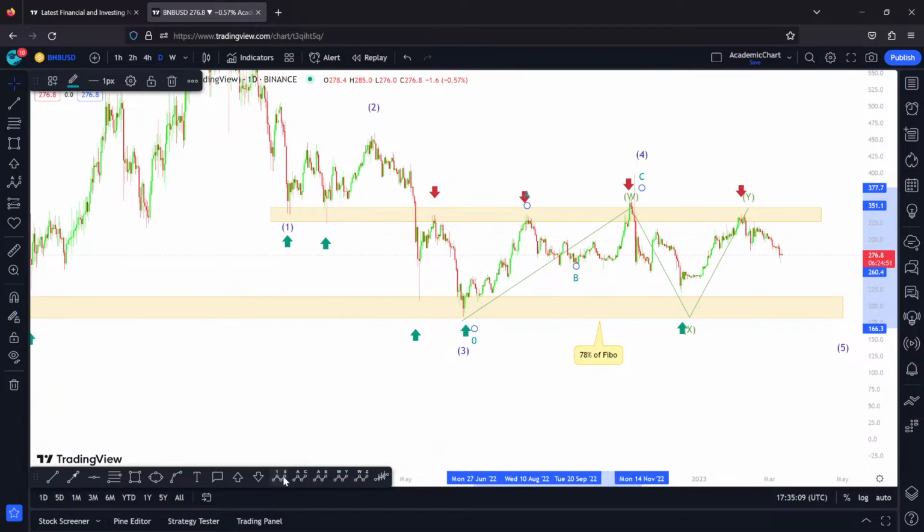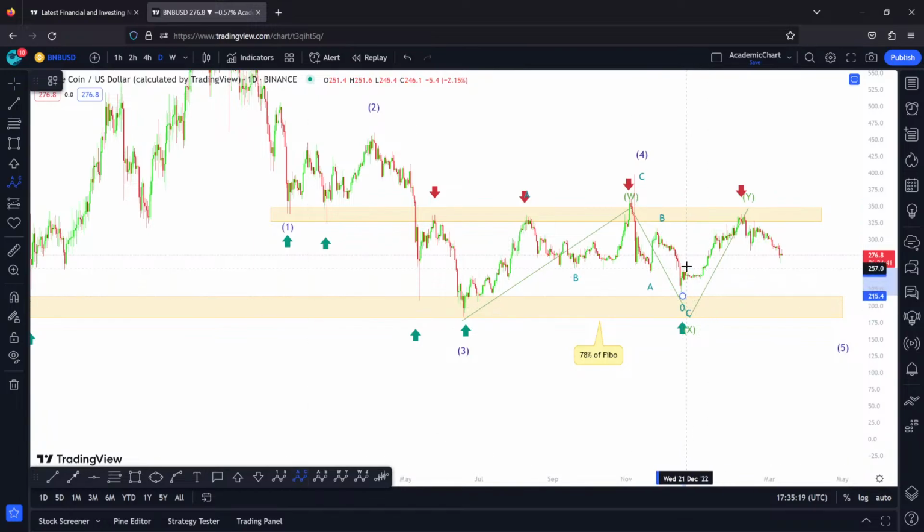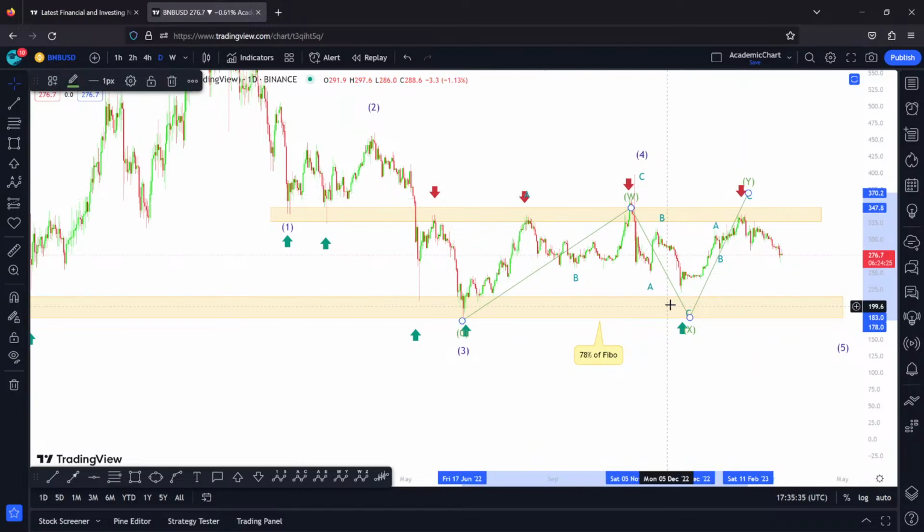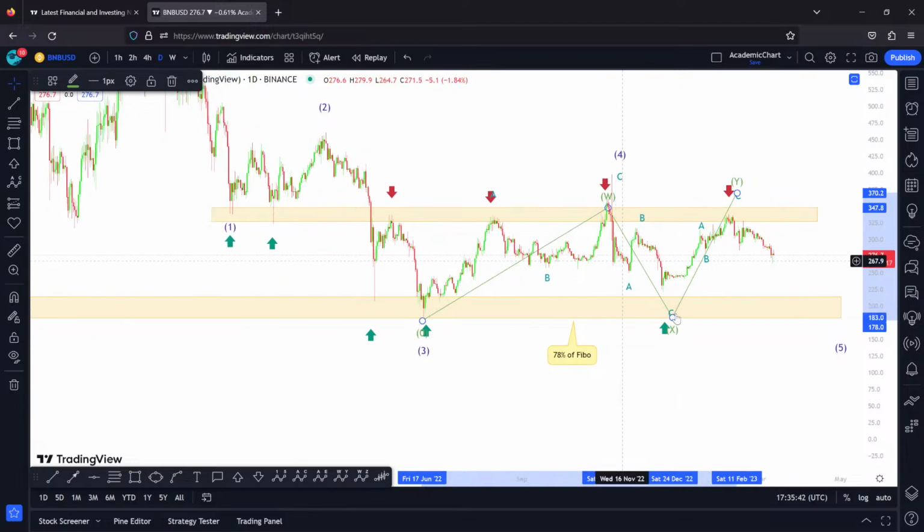So we had another ABC, these links also forming an ABC, and then after that we also had some sort of ABC. You can say this was the ABC, or you can argue that it was A, B, or C. Again, I don't want to jump into the details. But the reason that this fourth wave is so long is because it is a combo. Two wave corrections have been attached to each other via a link, which is also an ABC. That's why we have three ABCs.